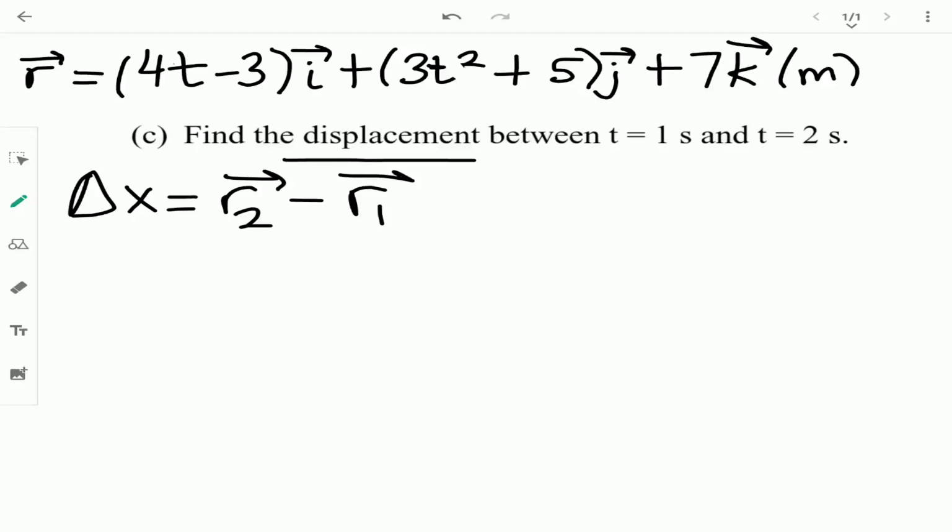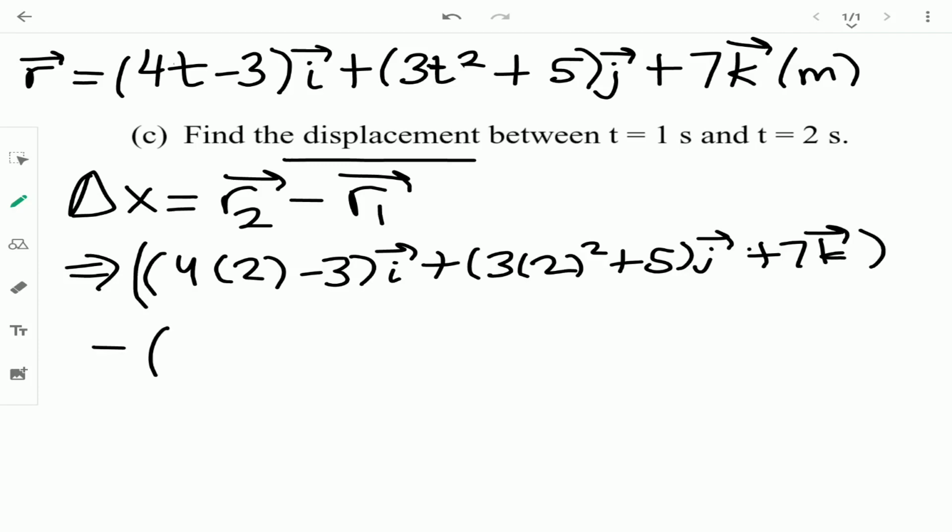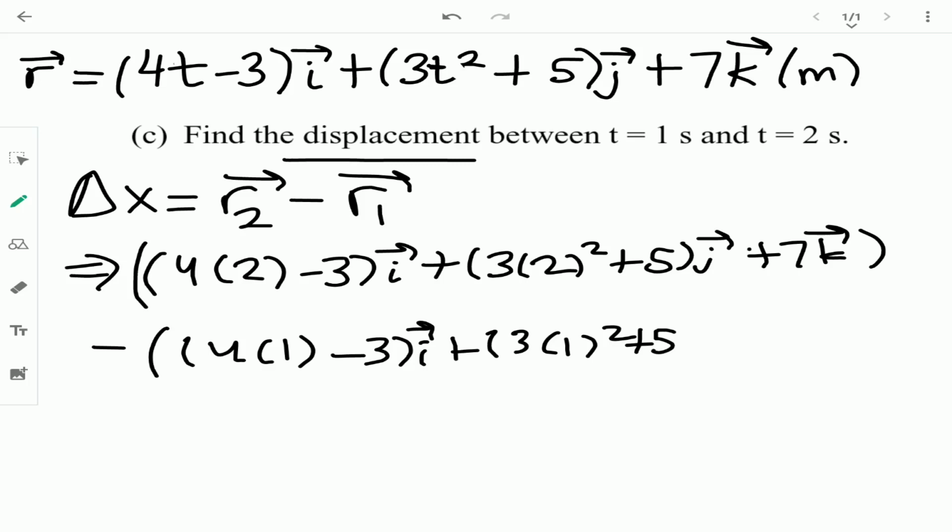So as we all know, we substitute in the formula 4 times 2 minus 3 i, all of this in big parenthesis, plus 3 into 2 squared plus 5 j, and 7 is the same, 7k, all of this minus 4 into 1 minus 3 i plus 3 into 1 squared plus 5 j plus 7k.